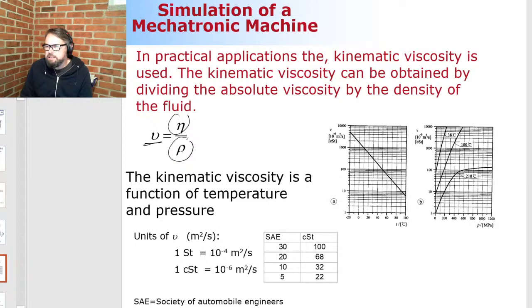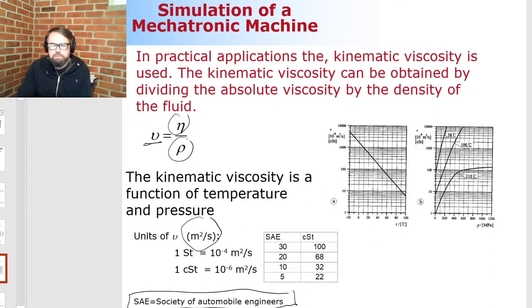Now, this kinematic viscosity, when we are using the SI units, has these units here. Very often when you look at viscosity, you see the units that are actually provided by the Society of Automotive Engineers.